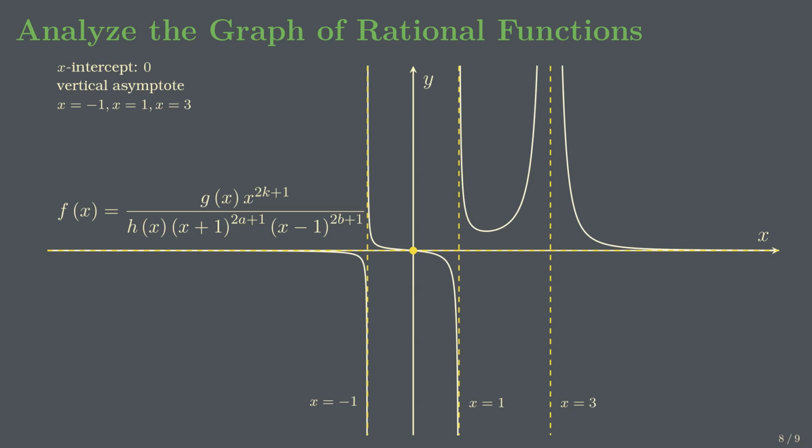However, for x equals 3, you see that whenever x approaches 3 on the left or on the right, the graph both go up. So it means that the factor of x minus 3 in the denominator of f of x should have even multiplicity. Okay, so from these, we actually get a lot of information about which factors should appear in the denominator of the rational function.